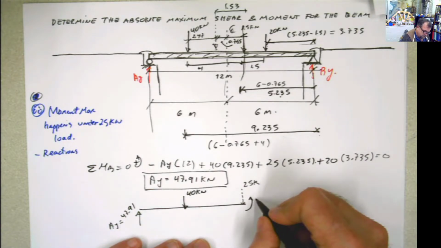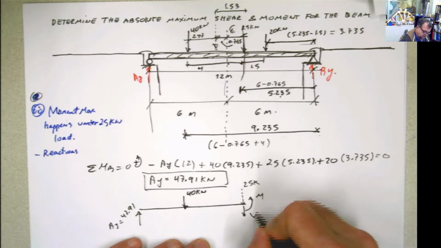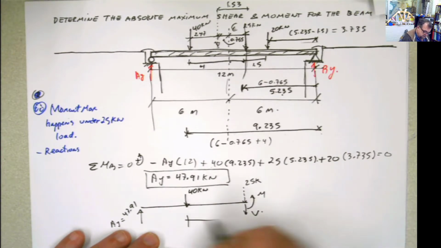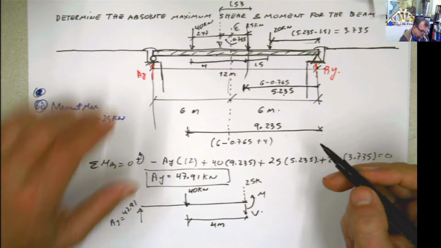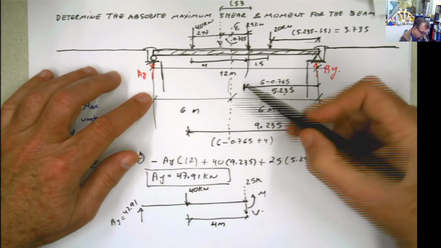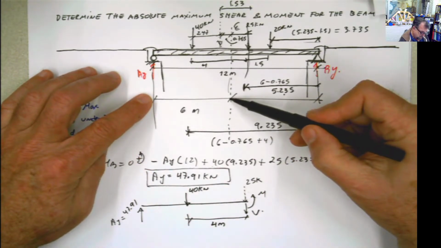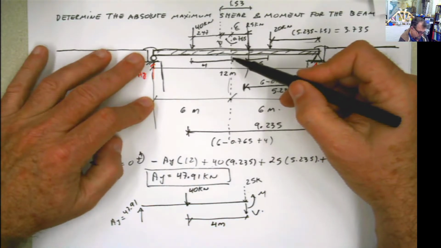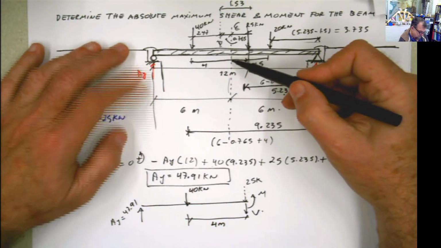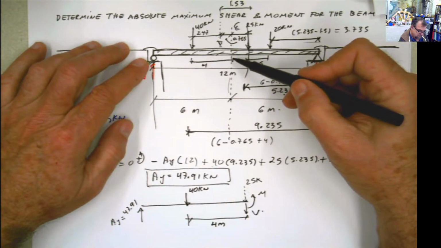So this is going to be the moment, this is going to be the shear, and I need the distances. This distance is 4 because it was given, it's from the geometry of the truck, and this other distance is going to be 6 to the center line.